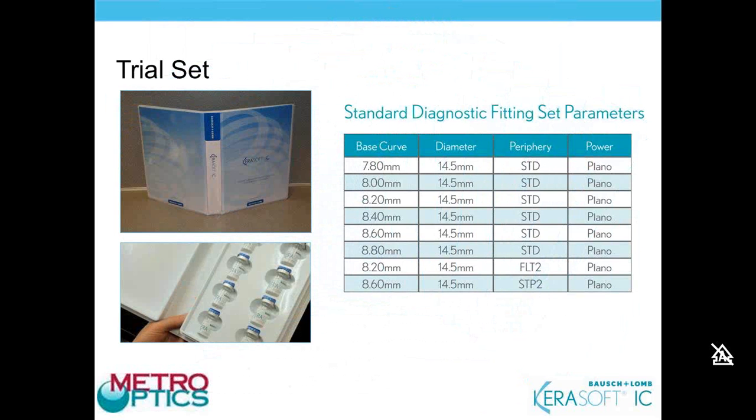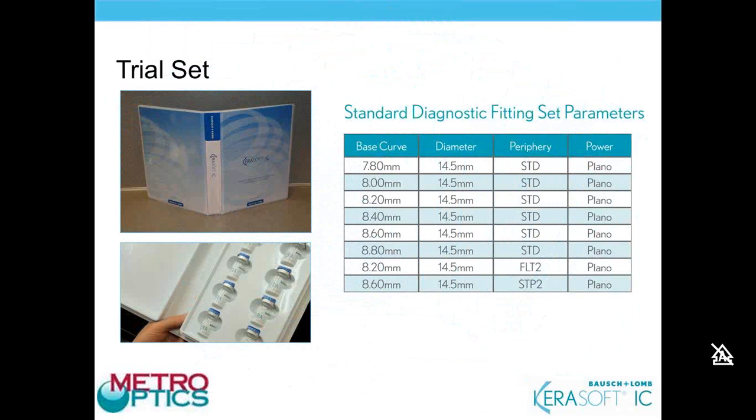The standard periphery pretty much fits most of the patients that you'll be encountering when you're using this lens design. Now, one step in this design is 0.2 millimeters of radius different. So going from an 8.0 to an 8.2 is one step flatter in the lens.